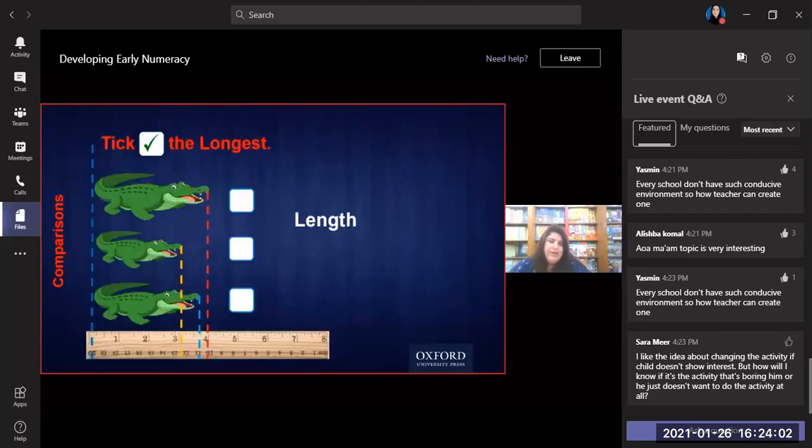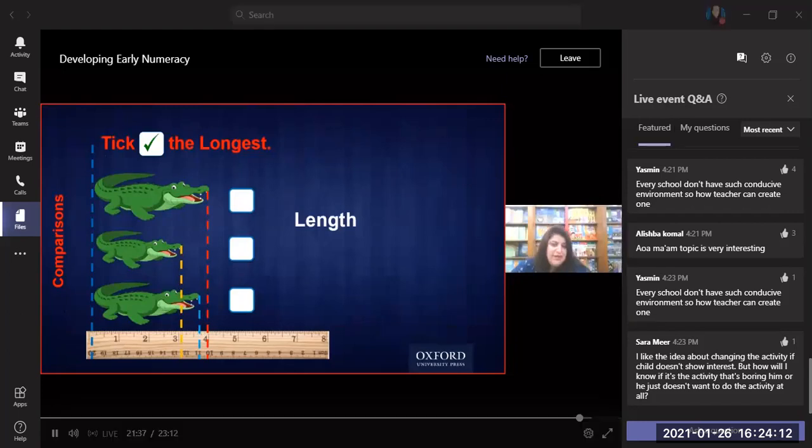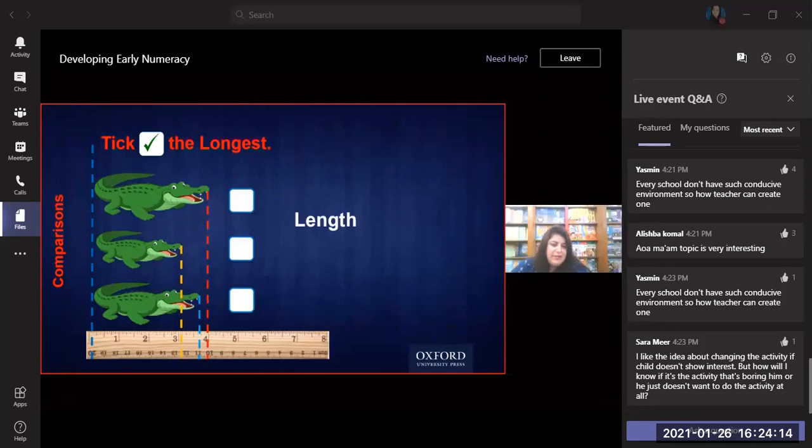In this activity, you can see that there is a comparison between long, longer, and longest, and there is a rule towards the end, which actually makes children realize the measurement of each of the crocodile and the difference between the size of the smaller, medium, and larger crocodile.